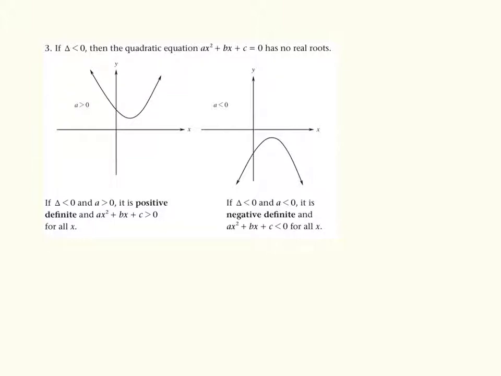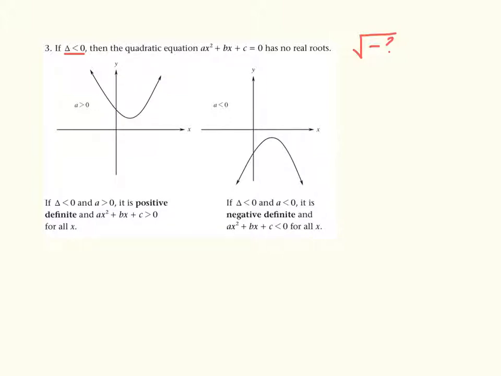Alright, so finally the third example we looked at was where the discriminant was less than 0. That meant we ended up with a negative number underneath the square root sign, and we know that we can't find the square root of a negative number. So what that means is that there are no x-intercepts. So the parabola will either lie completely above the x-axis or completely below it.